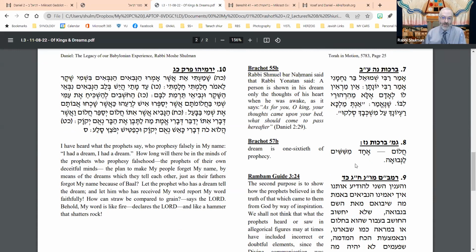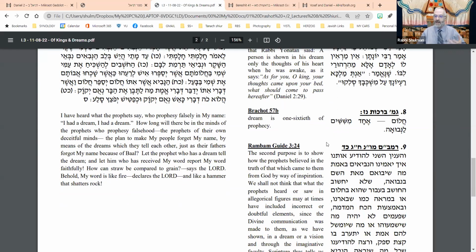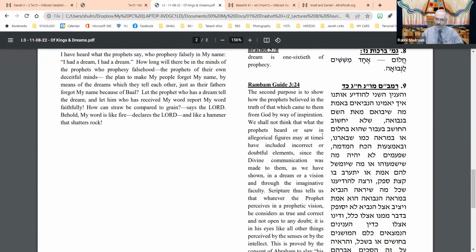And hence his turn not to the psychologists or counselors of the day, but to the magicians and the soothsayers and the necromancers and the astrologers, because he's looking for not only the dream, but what it means. And most of the dreams in Sefer Daniel are interpreted to be some kind of insight or prophecy about what the future holds.